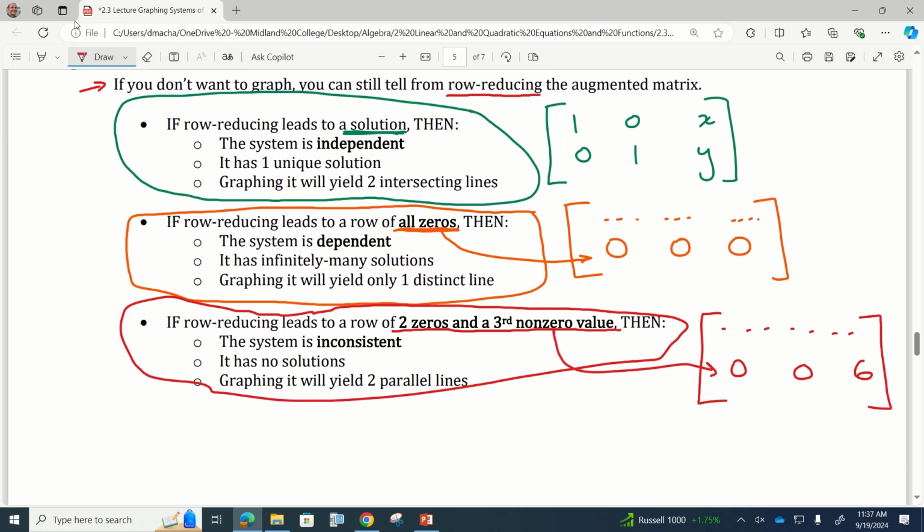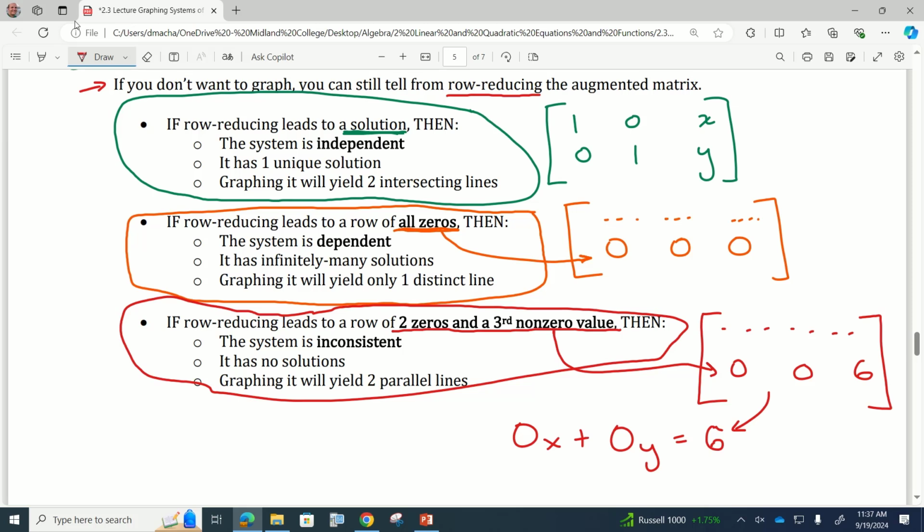And you can't possibly have any solution to this system of equations because this last row is representing an equation. The equation that this last row represents is 0x plus 0y equals 6.